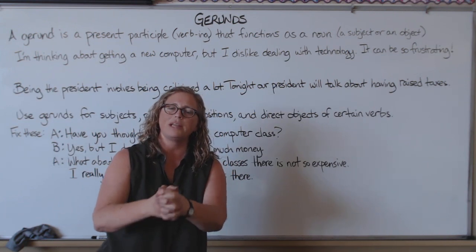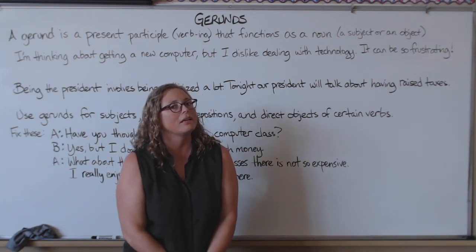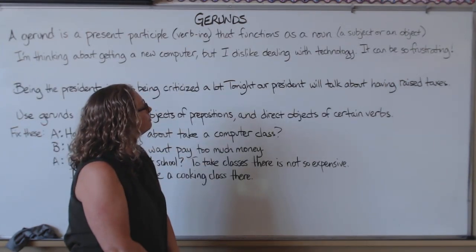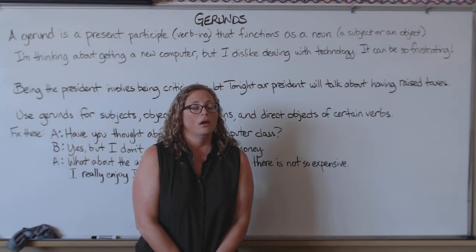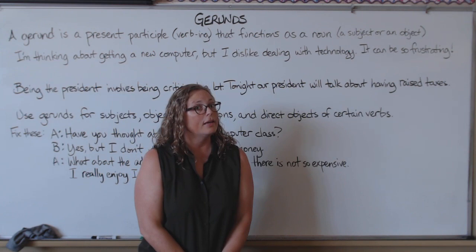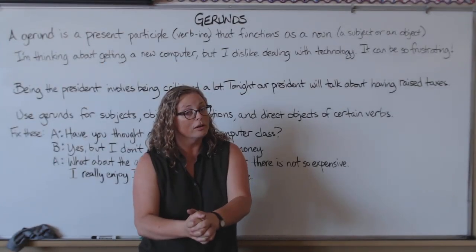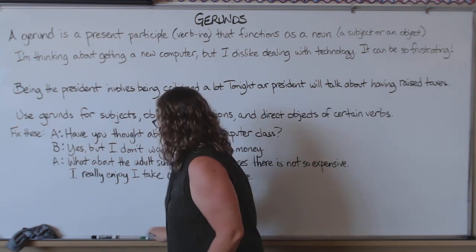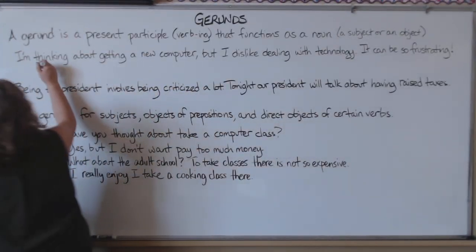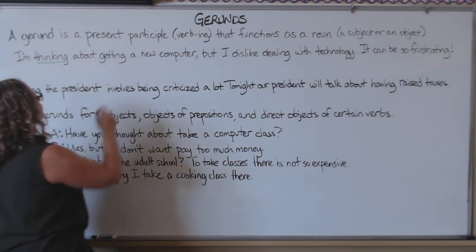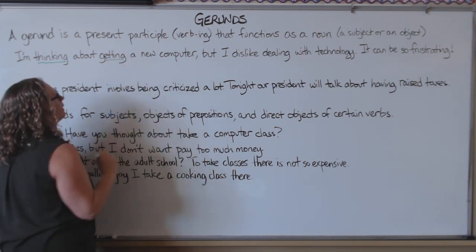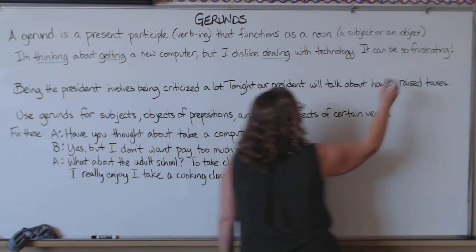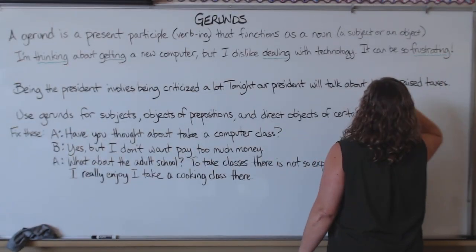How many present participles do you see? Take a look. Your answer is 4. That's correct. Where are they? Okay, we have this one right here, thinking, and then we have this one, getting, and dealing, and frustrating.